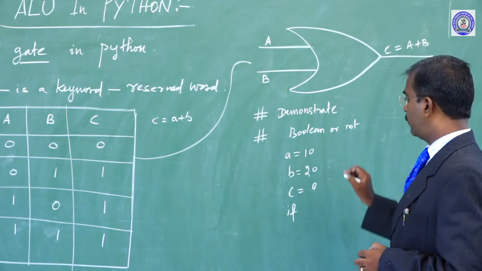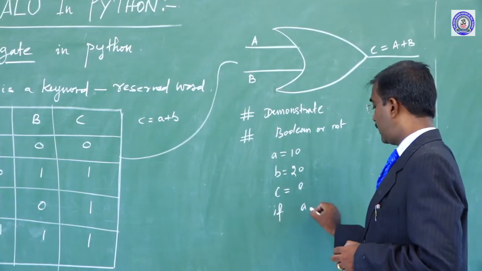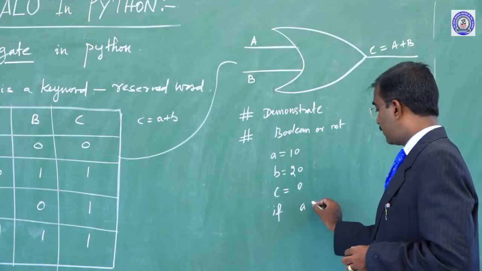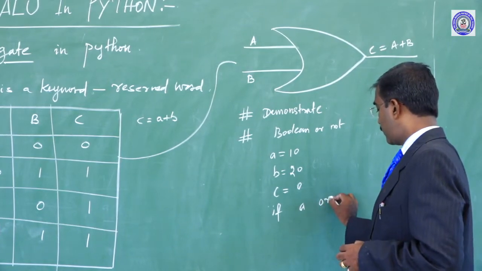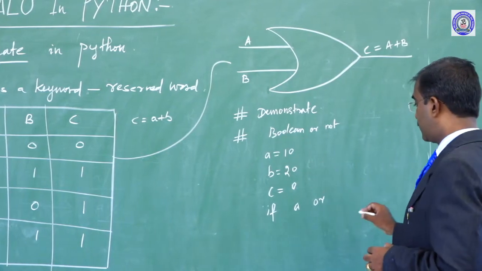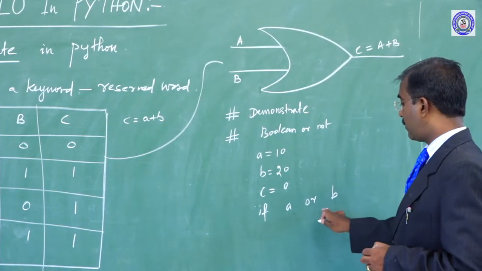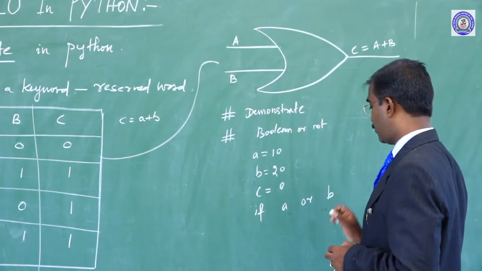a, in the boolean operator based OR gate, a or b, where or is one of the reserved words. If the condition a or b is given, it is true.